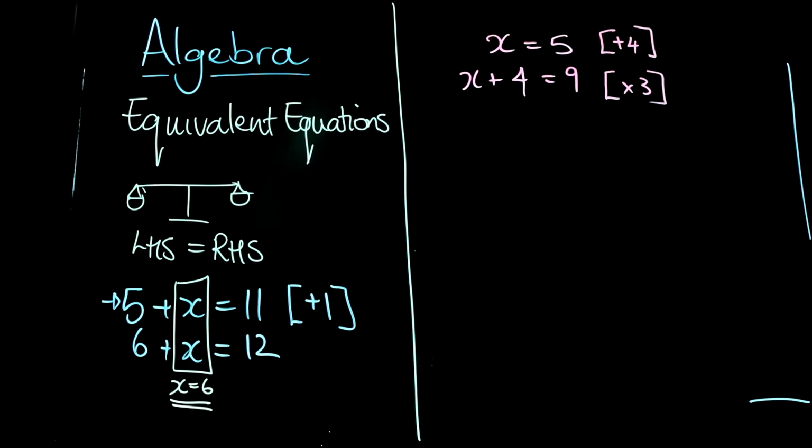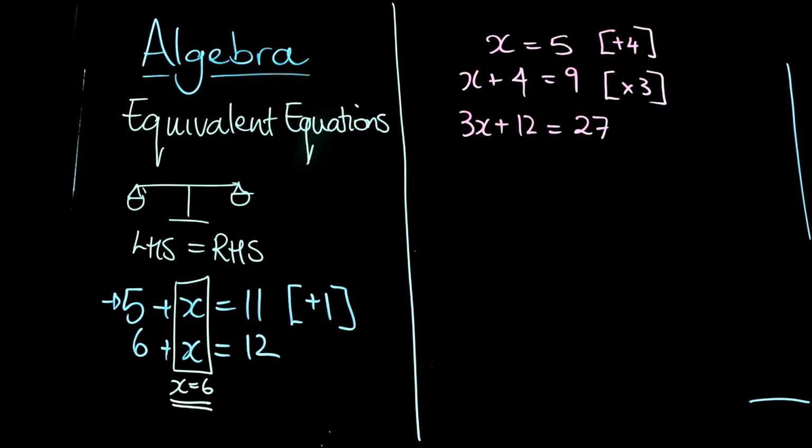So now we're going to do that, and my tip here is that everything needs to be multiplied by 3, and it's probably easiest to do 9 times 3 is 27 on the right hand side first, and then come over here. Everything here on the left hand side needs to be multiplied by 3, so that's 3 times x, 3x, plus 3 times 4 is 12.